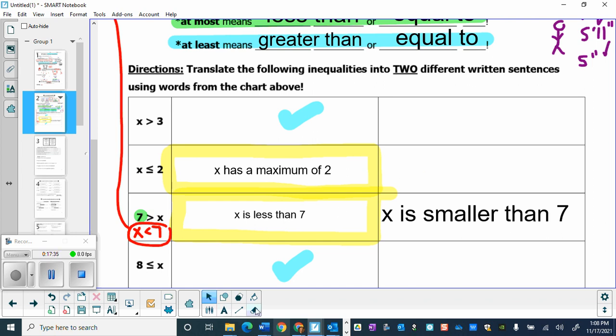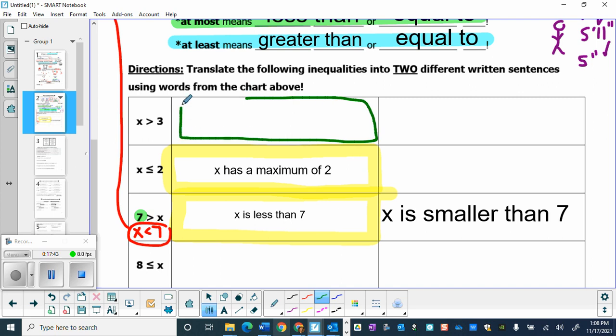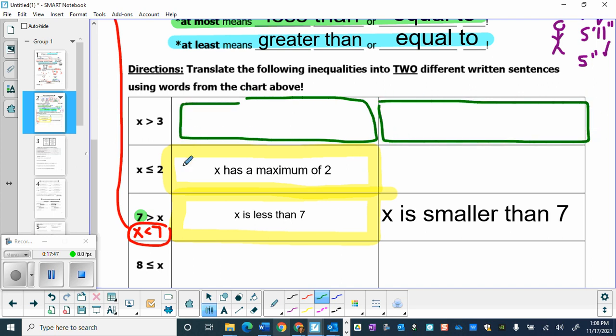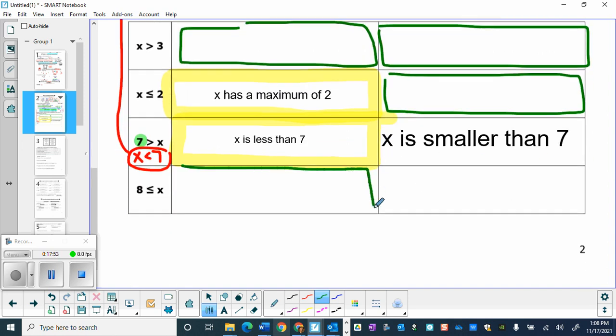So now what I want you to do is pause the video, okay? And I want you to try to come up with something that can go in here and then another one. Now I already did one for you here, so now I want you to try one on your own here. Same thing, I want you to try both of these on your own.